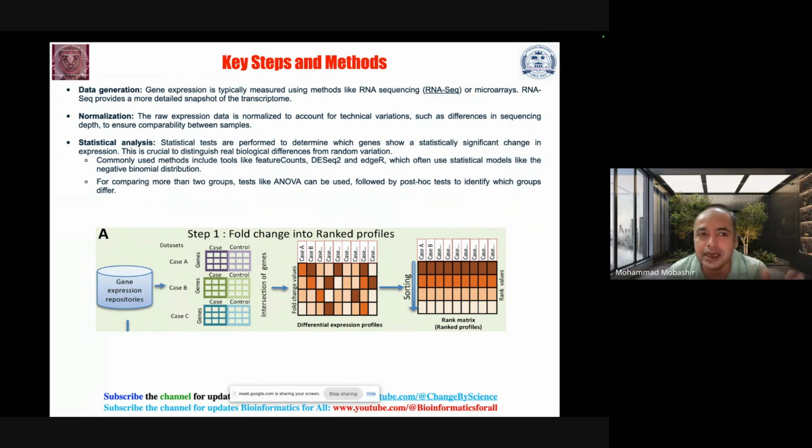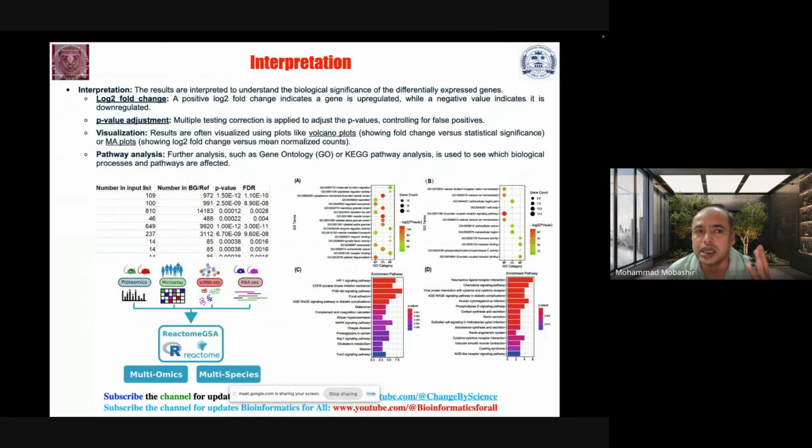Then you need to understand the statistical analysis and interpretation. For example, how to interpret the p-values, how to calculate the p-values, what t-tests you need to implement in different conditions, how to calculate the fold change, and what exactly it means.